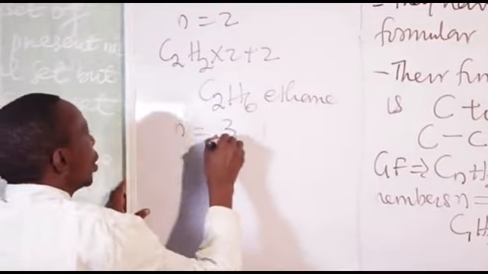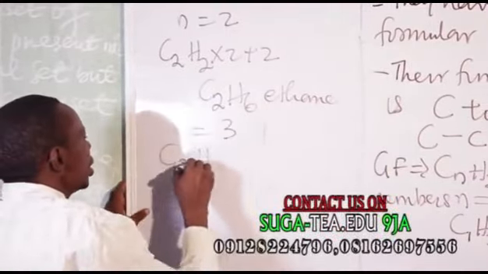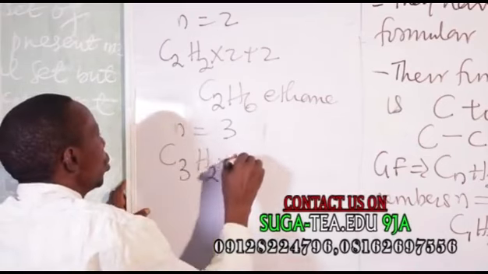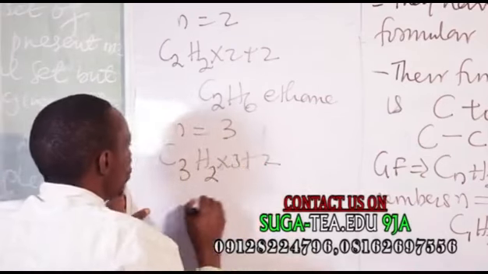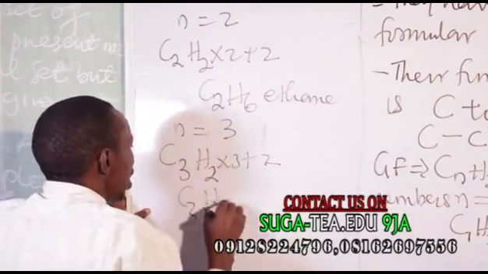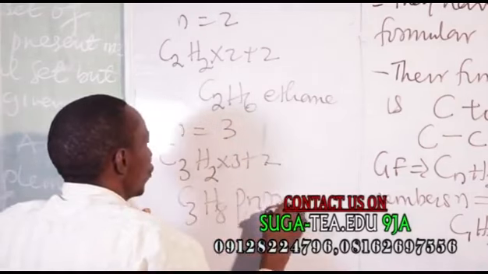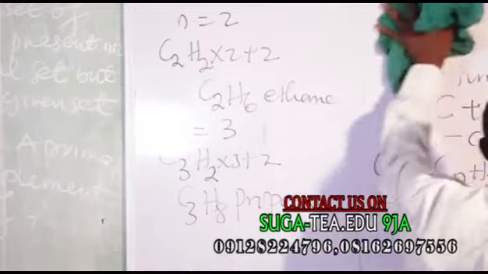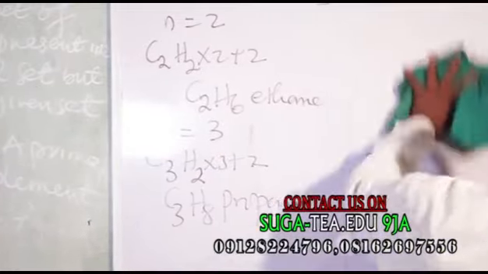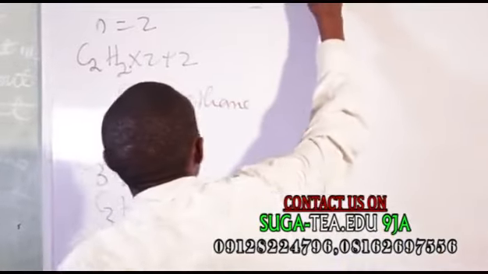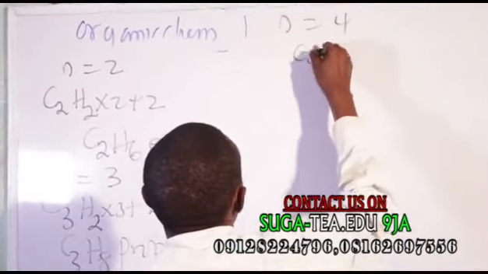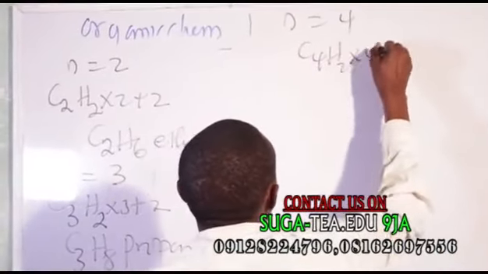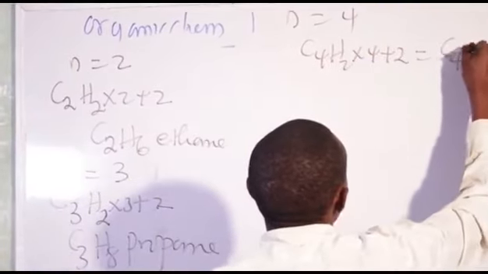With n equal to 3, we have C3, 3 times 2 plus 2, that will be C3H8. That will be propane. The number 4 member, when n equals 4, is C4, 2 times 4 plus 2, that will be C4H10.